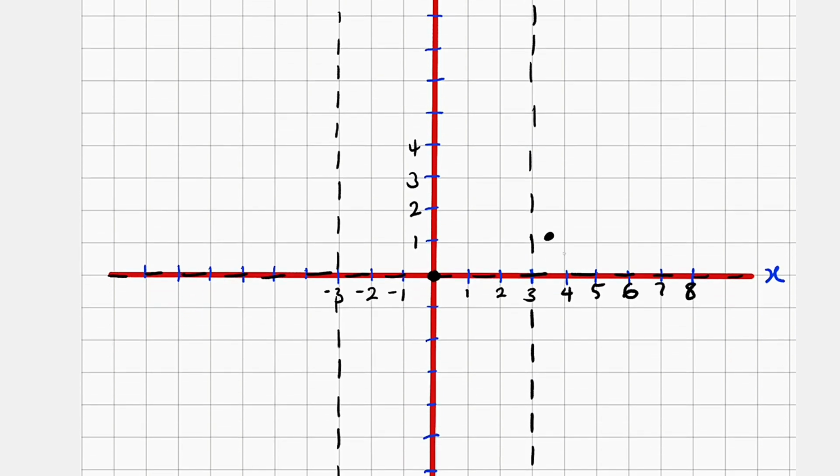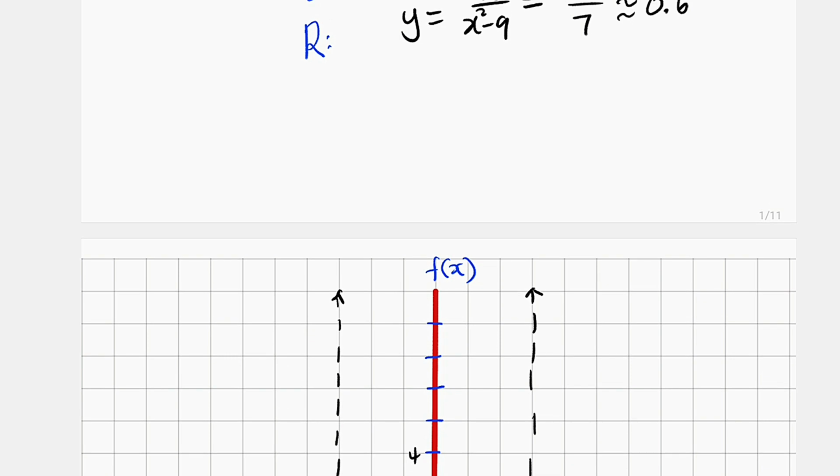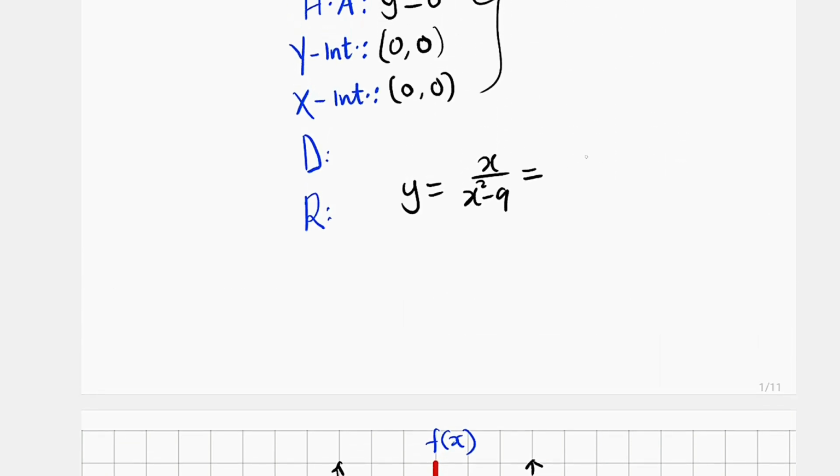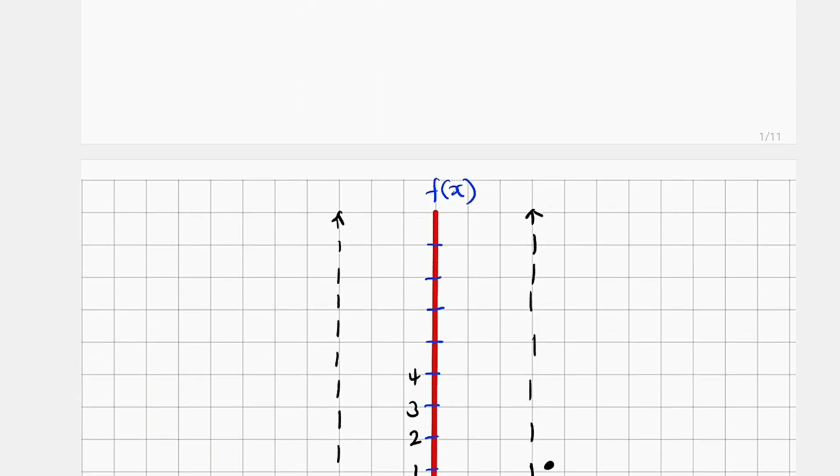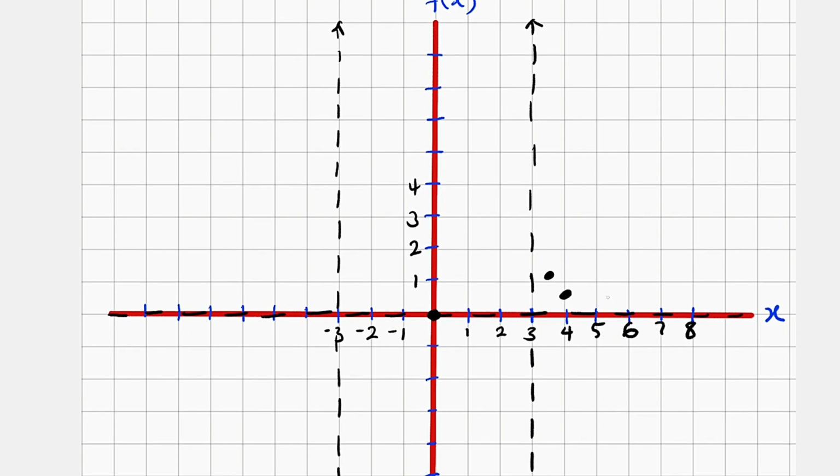This is 4, 0.6 somewhere here. Now we can test for 5. We have 5 divided by 5 squared is 25, and 25 minus 9 is 16. And 5 divided by 16 is approximately equal to 0.3. So when x is 5, y is 0.3, approximately.